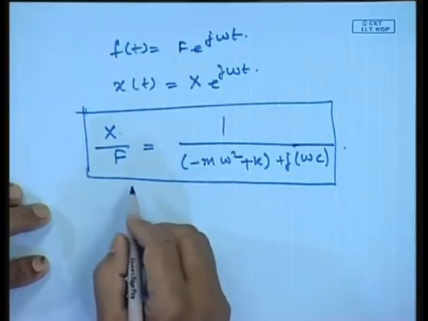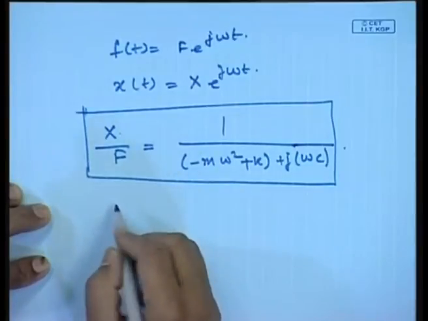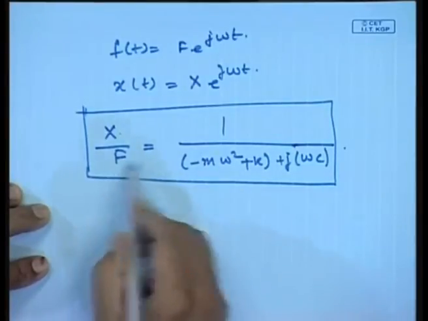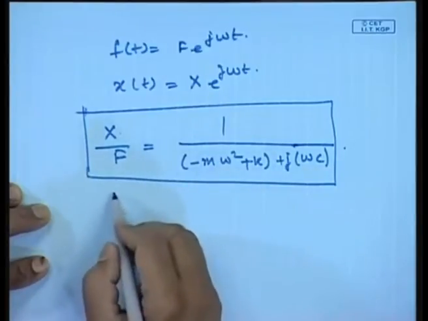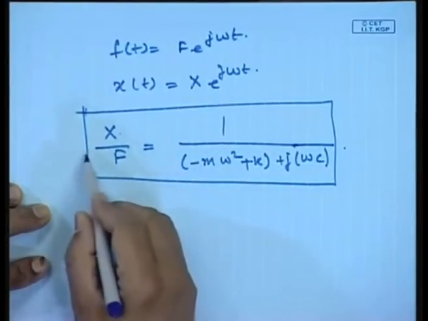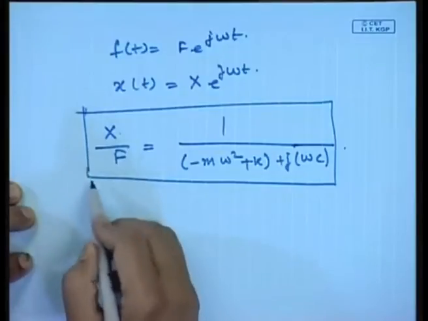So, if I was to find out the magnitude of this quantity, this is a complex quantity, and this is known as the frequency response function.